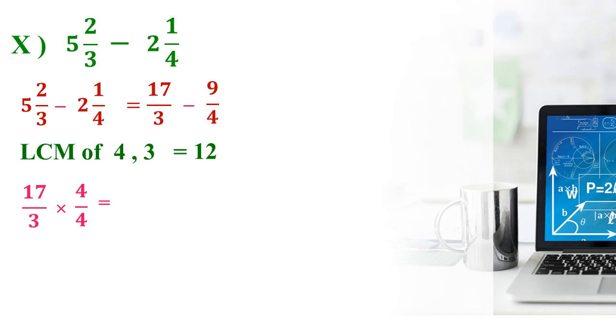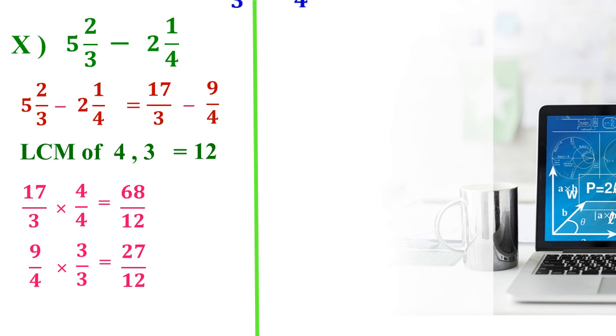So we get 68/12. Next, multiply the numerator and denominator of the fraction 9/4 by 3. So we get 27/12.